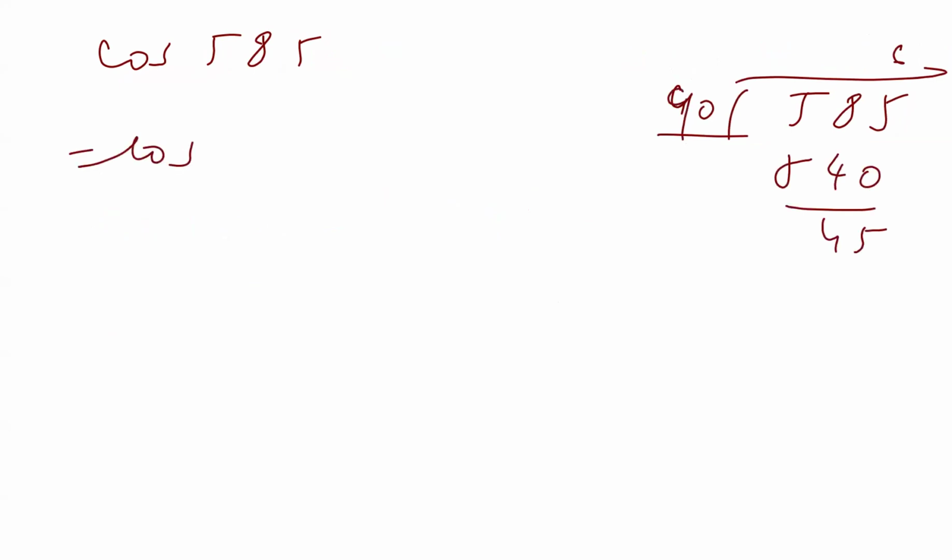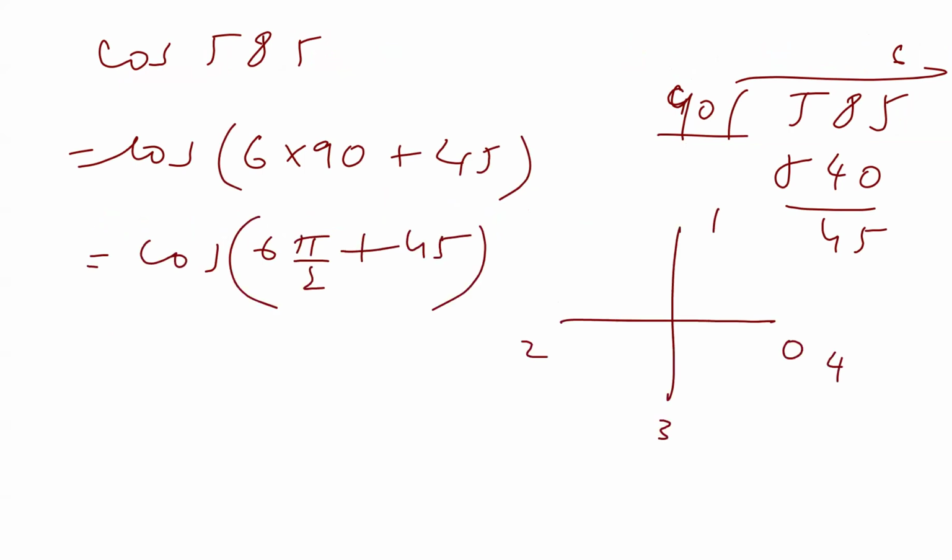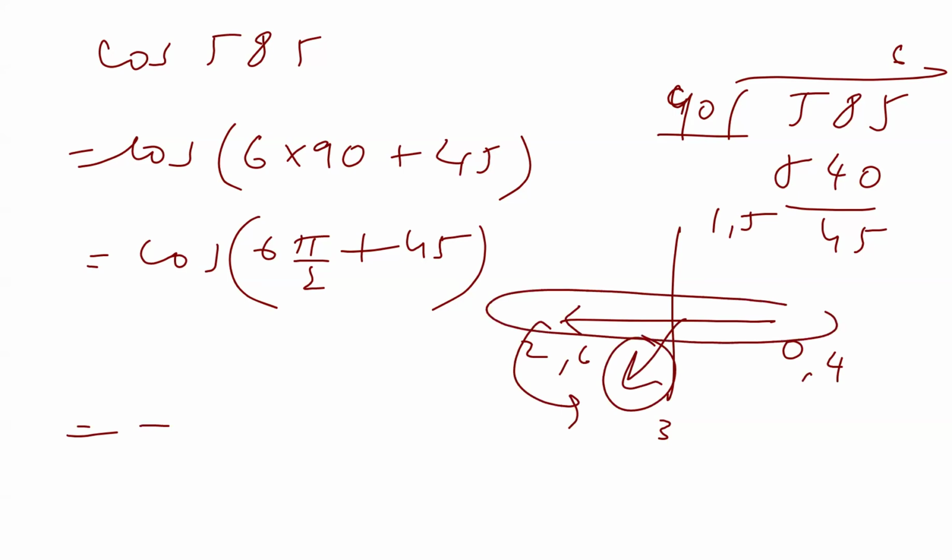So this is cos of 6 into 90 plus 45, that is 6 pi by 2 plus 45. Where is 6 pi by 2? 0 1 2 3 4 5 6. 6 pi by 2 is over here, on the x-axis. Plus is in the anti-clockwise direction. In this quadrant, cos is negative. And since 6 pi by 2 is on the x-axis, cos remains cos. So this is minus 1 by root 2. So we got this value.